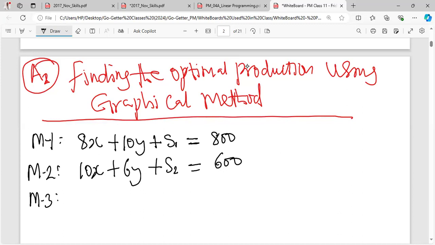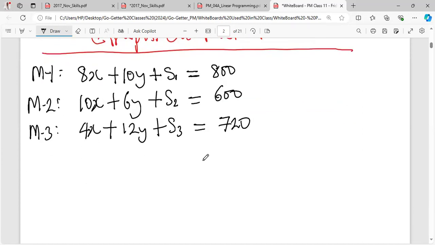So we will now say this is 4x plus 12y. Add another slack, S3. We'll now turn it into 720. Now, because we have introduced slack, we now have a new constraint. Your x, your y, your S1, your S2, and your S3 must be greater or equal to 0. It must never be negative.